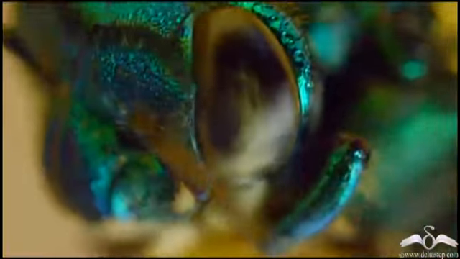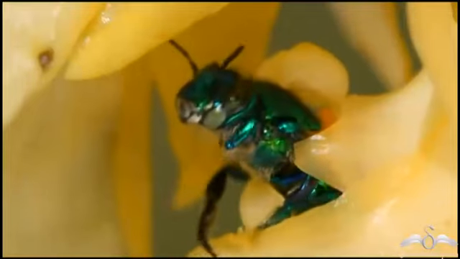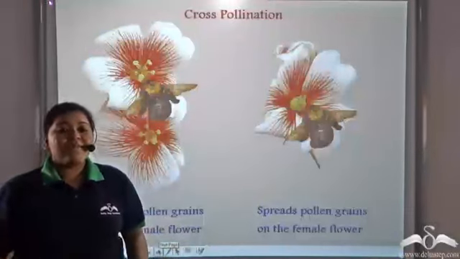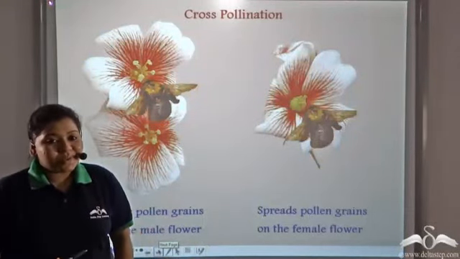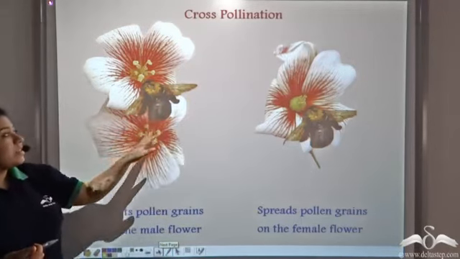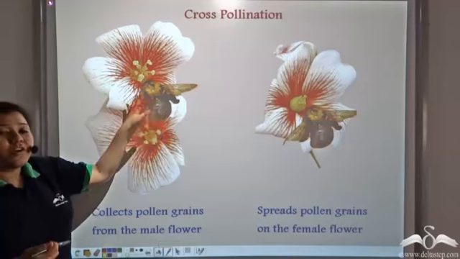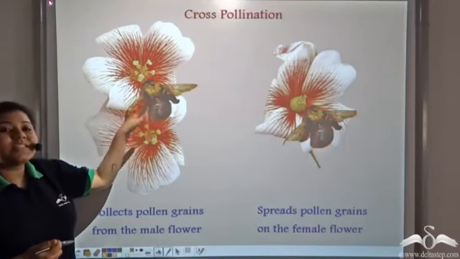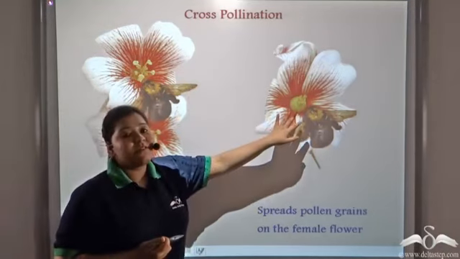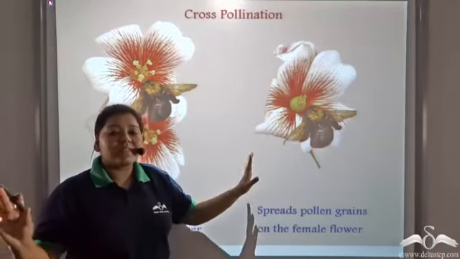So the transfer of pollen grains from one flower to another takes place. This type of pollination is known as cross-pollination, because the anther from one flower is getting transferred to the stigma of another flower in different plants.